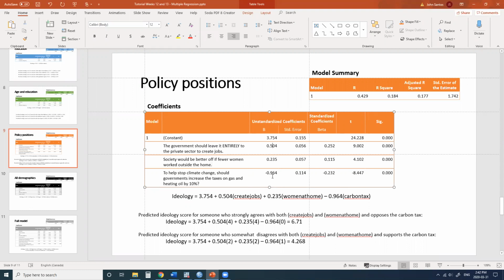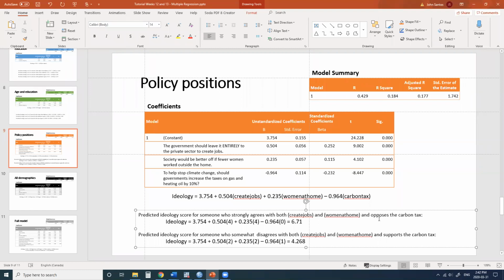But if we want to see what this means on a substantive level, predicting ideology, we have to create our regression equation, and then we can do some predicted values, right? So predicted ideology score for someone who strongly agrees with both create jobs and women at home. So that's a 4 to both of these questions.